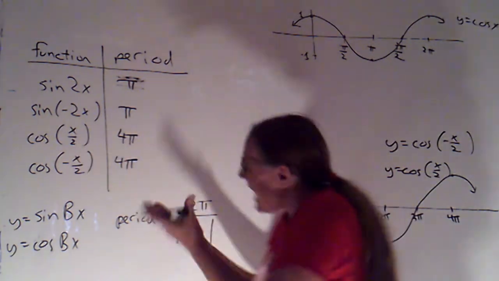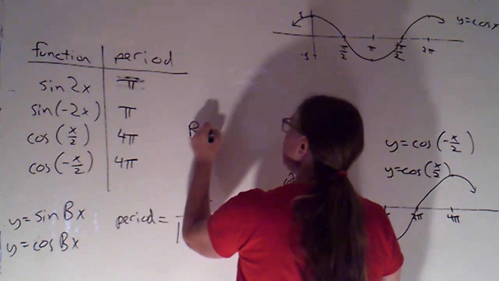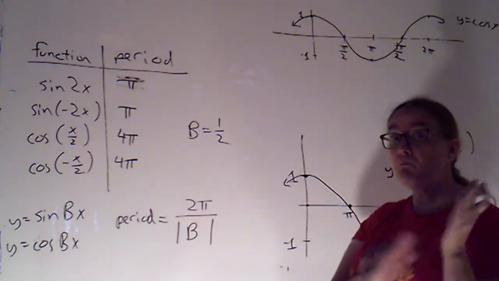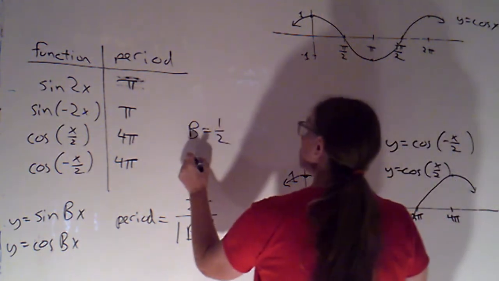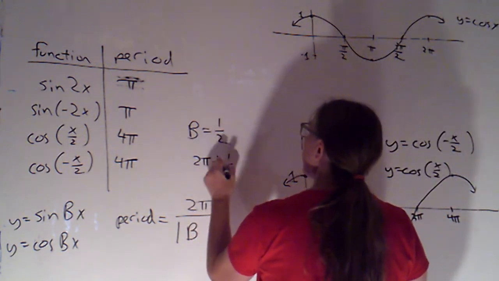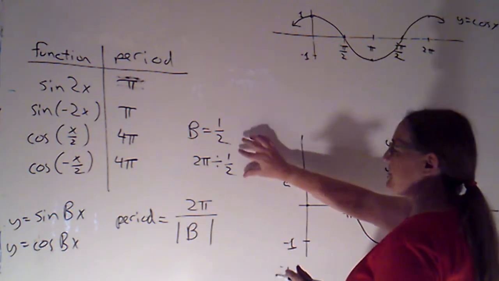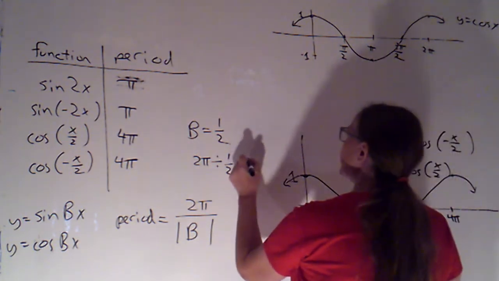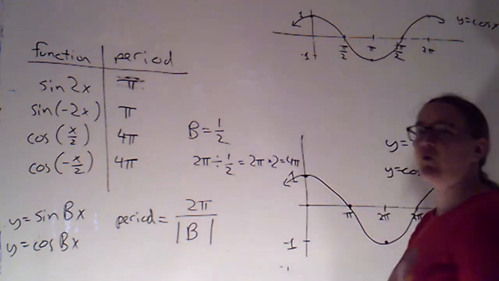Here, I often think of that as dividing by 2, but essentially in this case my b is 1/2. I'm multiplying x by 1/2. So 2 pi divided by 1/2, well, the way I divide by a fraction is I multiply by the reciprocal, so that became 2 pi times 2, which was 4 pi.